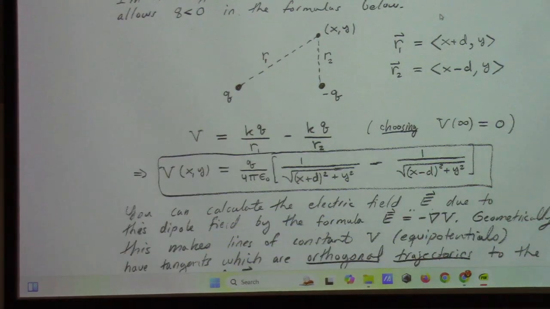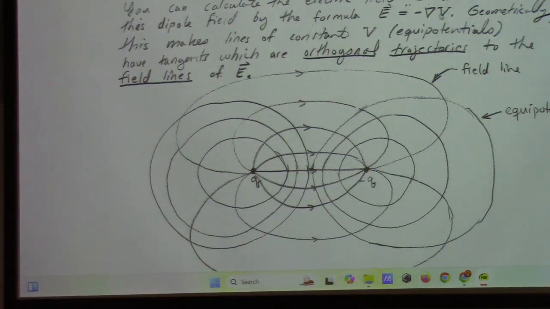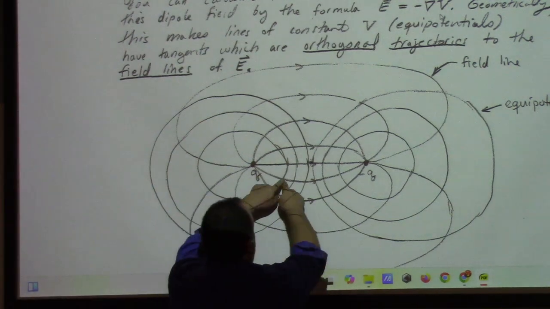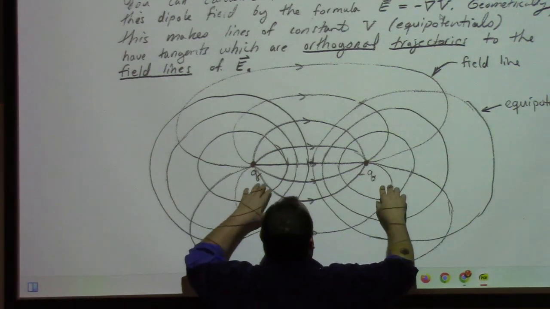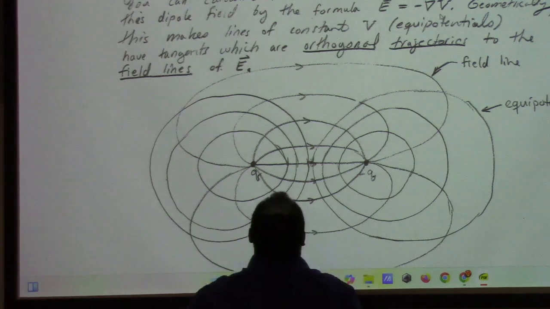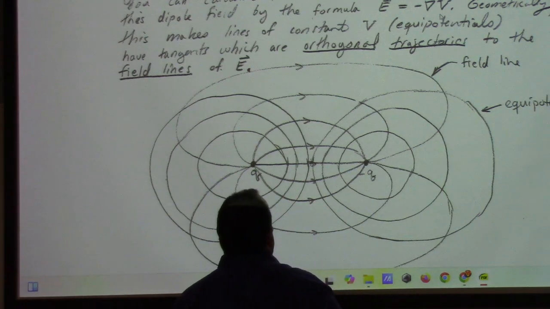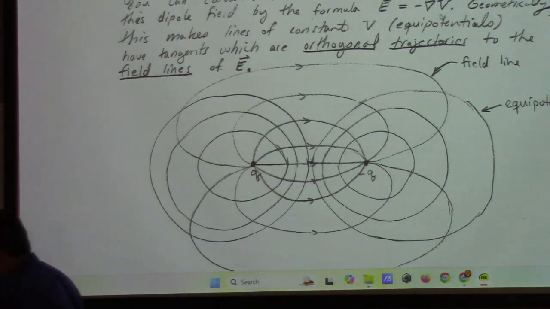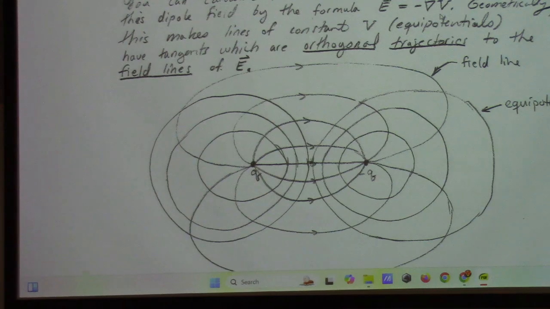So here's the dipole example I was just talking about. Here's a picture of some of the equipotential lines for the dipole. The field lines are these guys, right? But I was trying to draw equipotentials. These are equal voltage lines. Sorry, it's hard to see the contrast of black against black here.